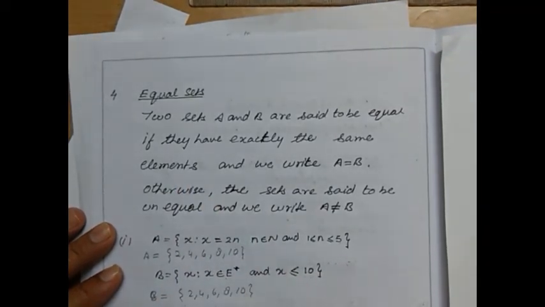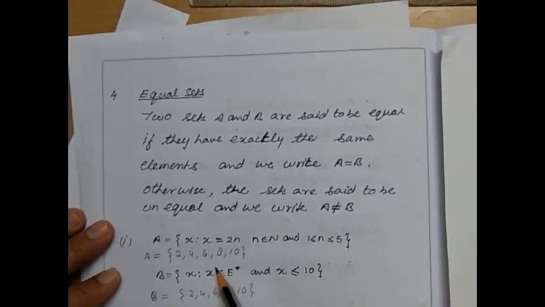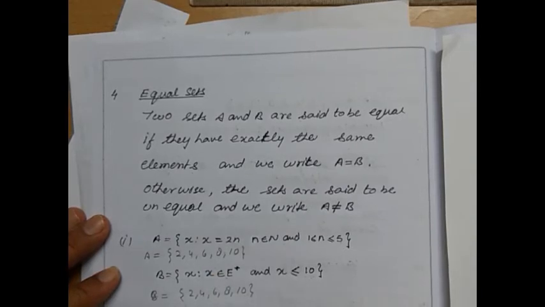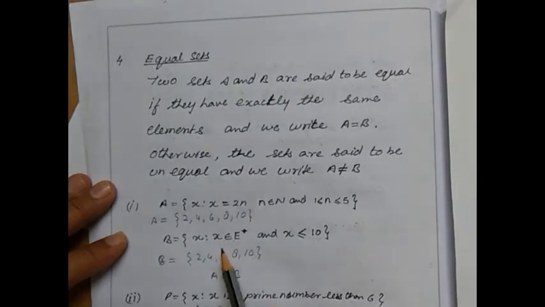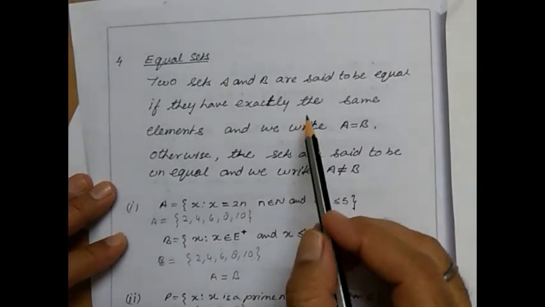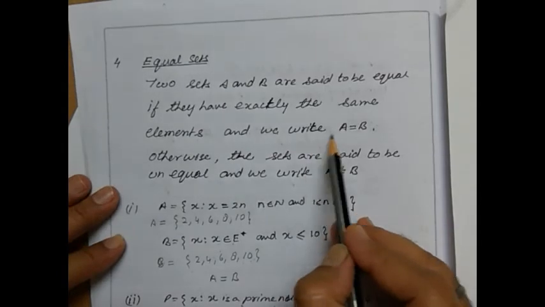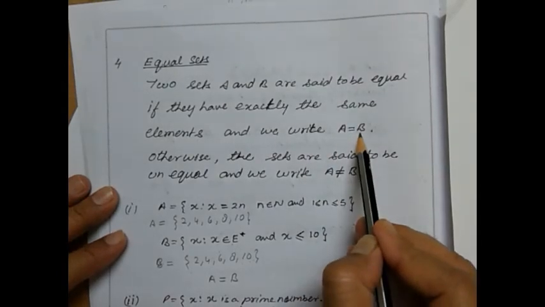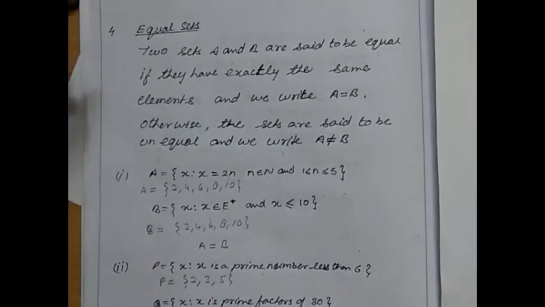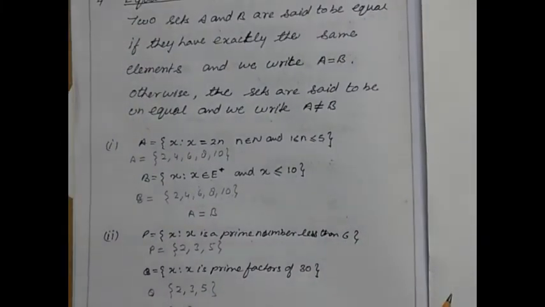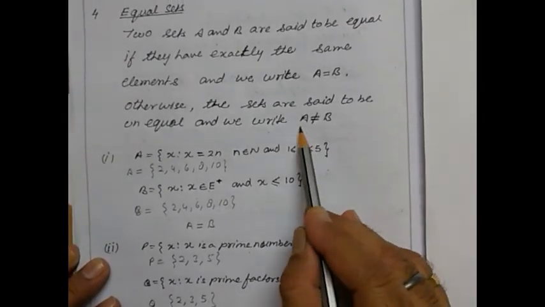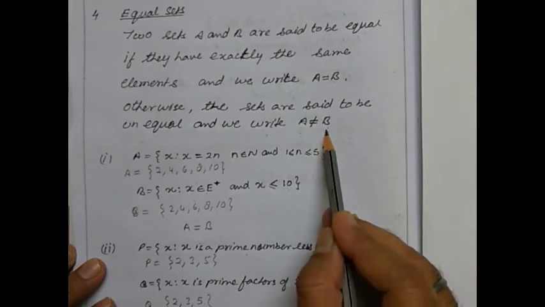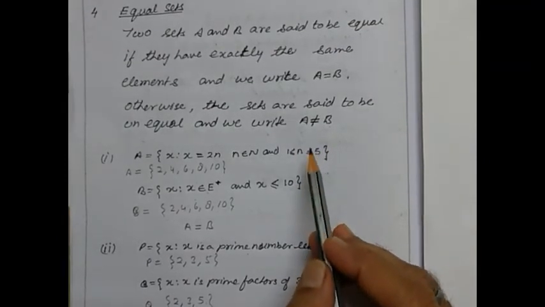So in both the parts, part 1 and part 2, both sets have the same number of elements and these elements are exactly the same, then we write A is equal to B. And if we have sets where the number of elements differs or the elements are not the same, then we say A is not equal to B, and the two sets will not be considered equal sets.